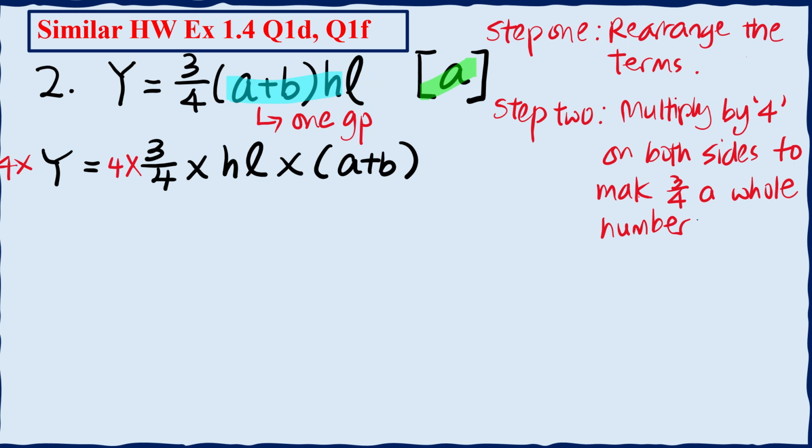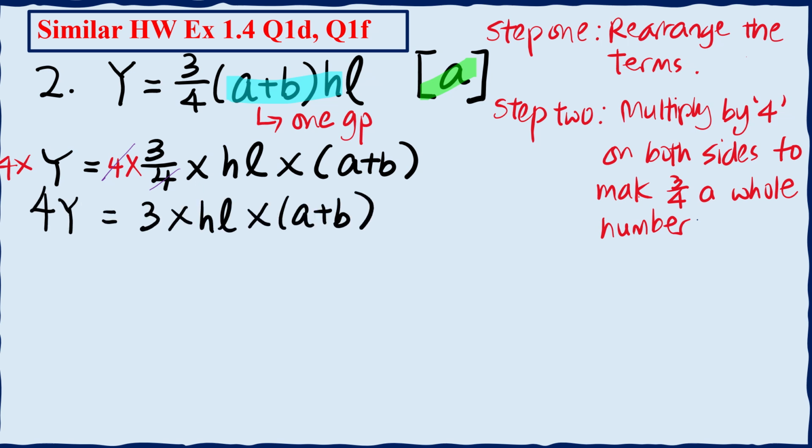Therefore 3/4 times 4 will just give you 3. You can use a calculator to verify it. So we would have 4y equals 3 times HL times bracket A plus B close bracket.